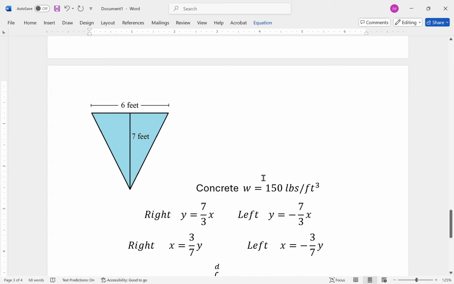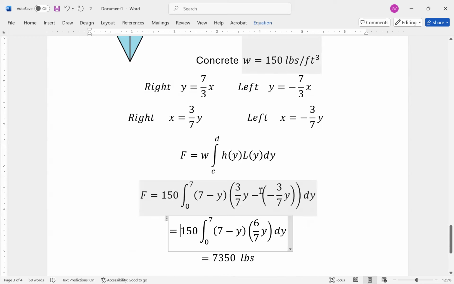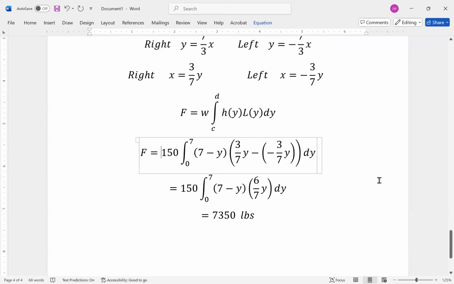Obviously, if it were filled up with a different liquid, if it were filled up with water, we would just change the weight density. If it were filled up with ethanol, we just change the weight density. If it were filled up with mercury, we could just change the weight density. This calculation, the integration calculation, is the same no matter what liquid we're using. The only thing that changes is the weight density, depending on what the liquid you use is.